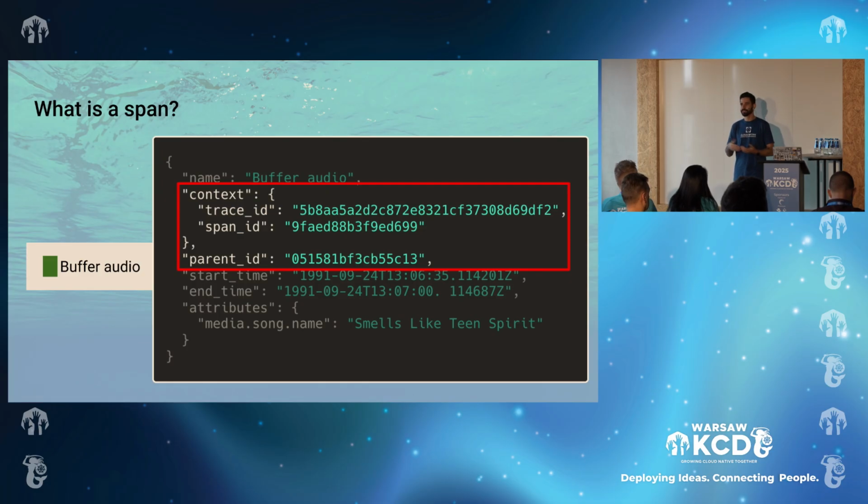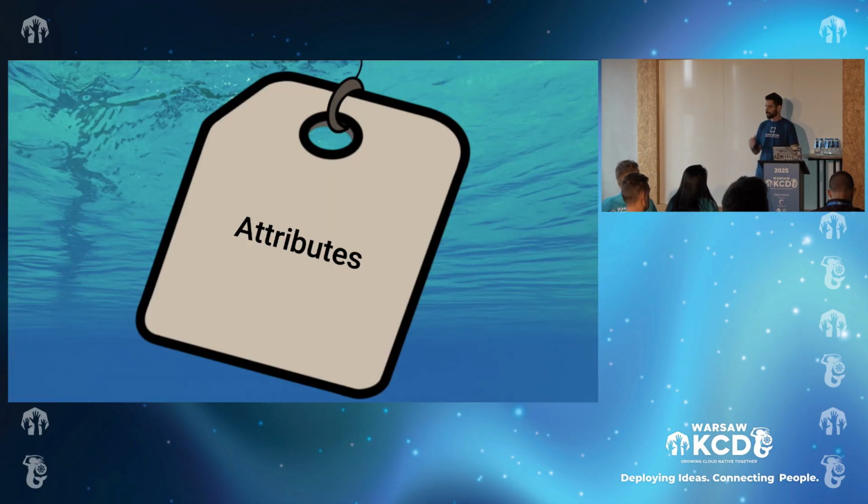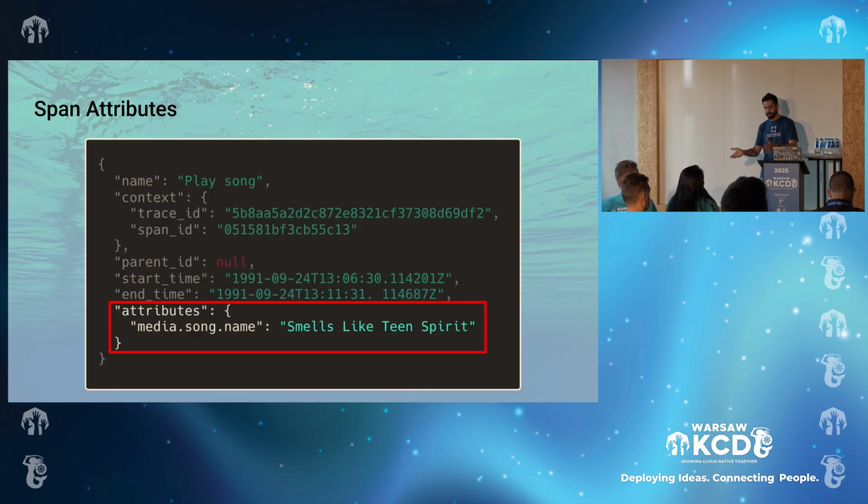But spans also have attributes. So I can use attributes here, for instance, to tell the song name. So I'm saying, hey, this play song span is related to Smells Like Teen Spirit. So I know that this song is related to this span. Great.